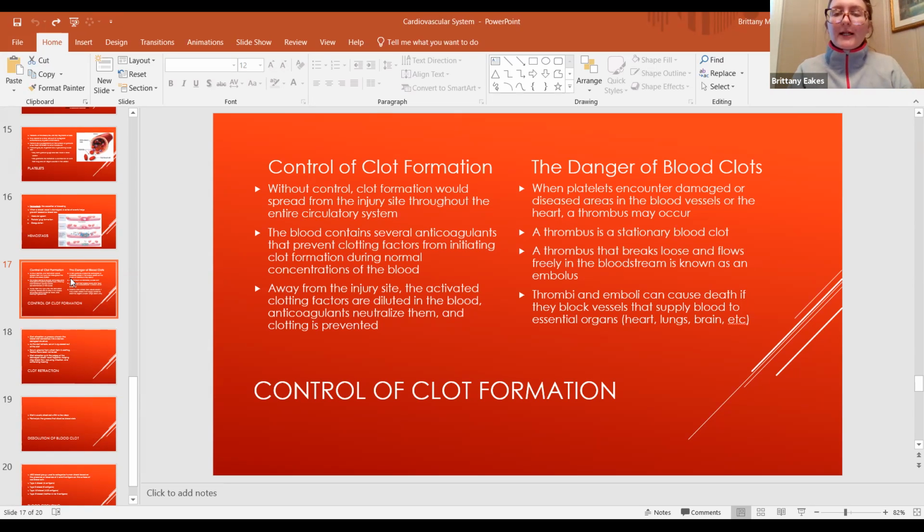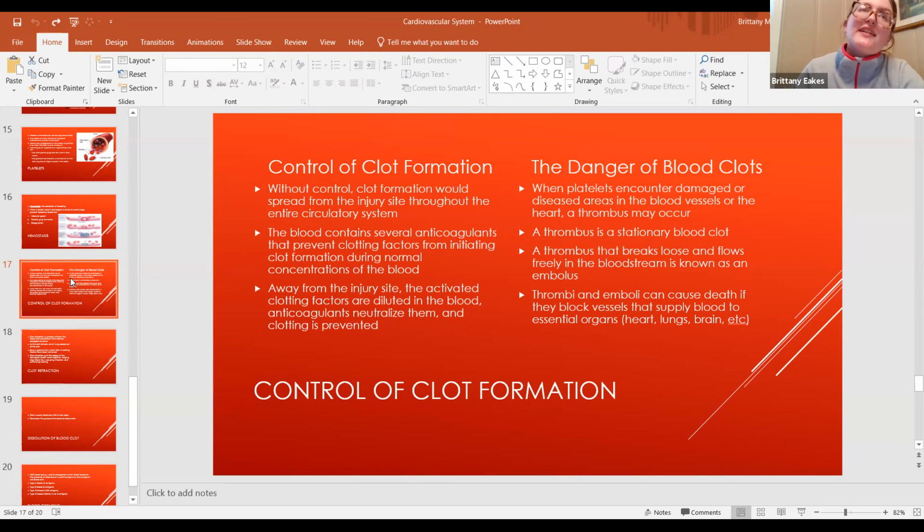And the danger of blood clots is that if platelets encounter a damaged or diseased area in a blood vessel, a thrombus occurs. A thrombus is a stationary blood clot, and it serves to kind of plug that vessel. What can happen is that if a thrombus breaks loose from that vessel, it's a free-flowing emboli in the bloodstream, and it's known as an embolus.